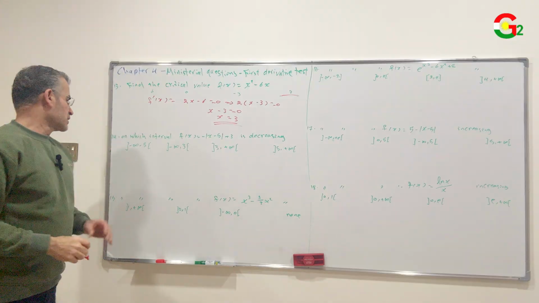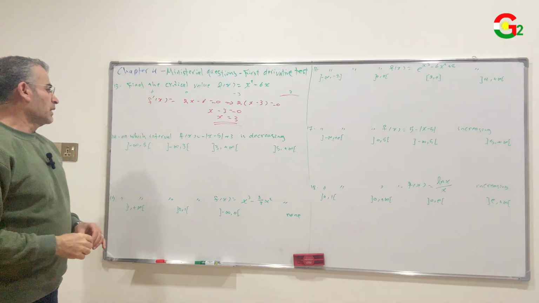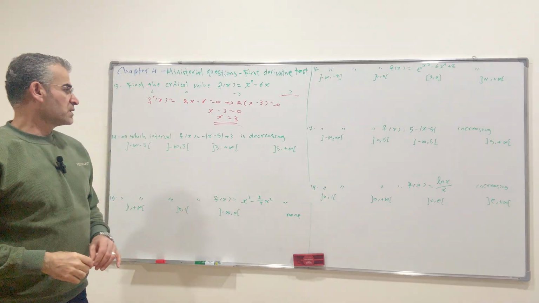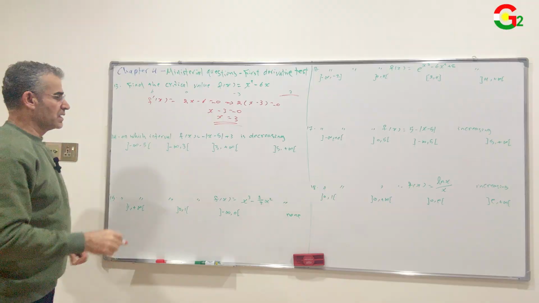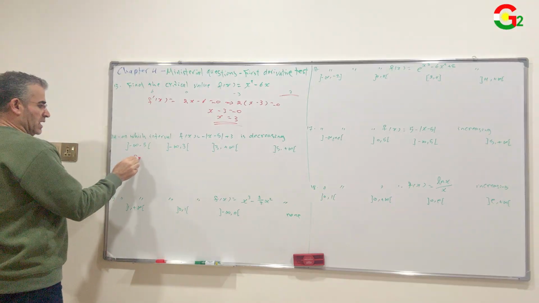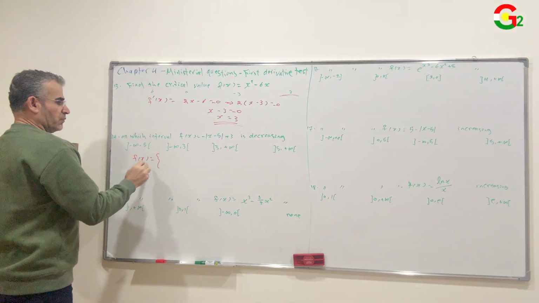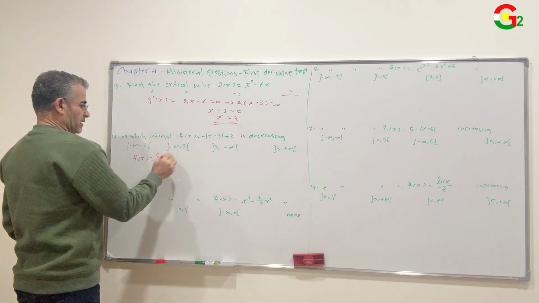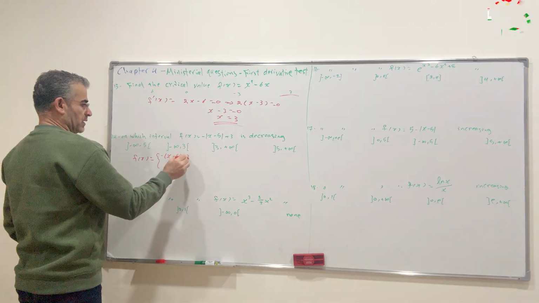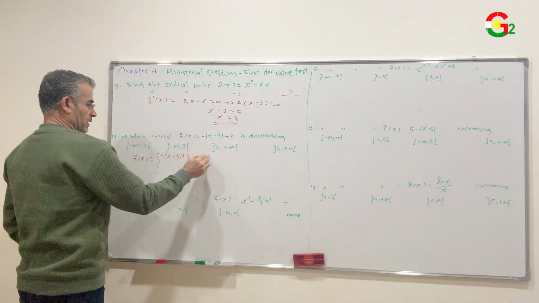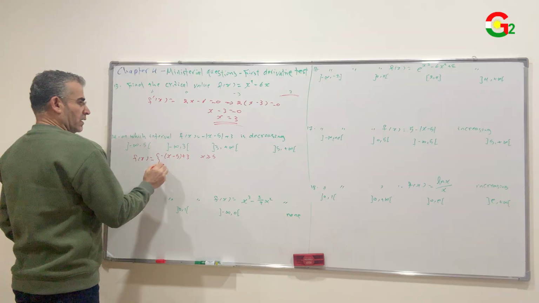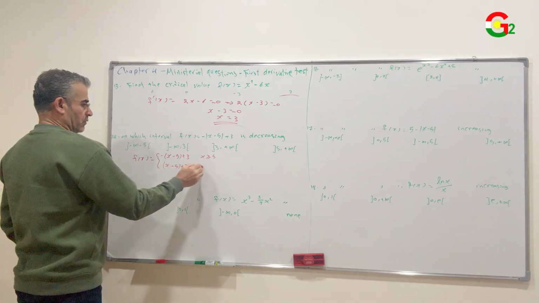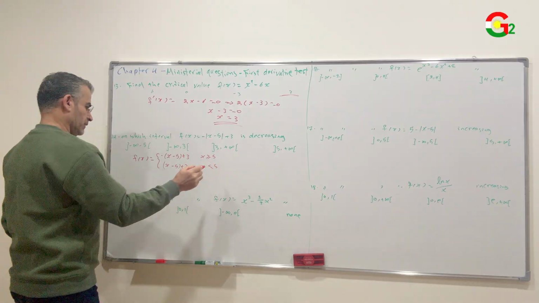Question number 14. On which interval is f of x equals negative absolute value of x minus 5, plus 3, decreasing? Rewrite this function as a piecewise function: negative (x minus 5) plus 3 when x is greater than or equal to 5, and x minus 5 plus 3 when x is less than 5.